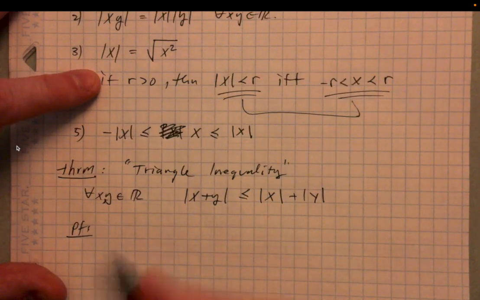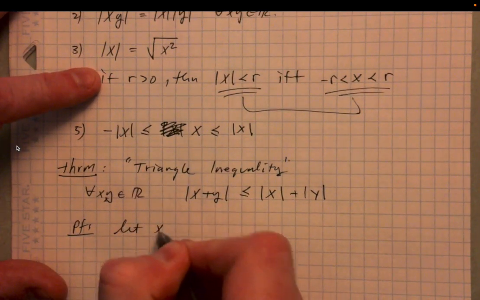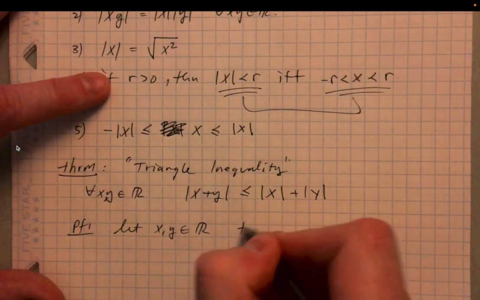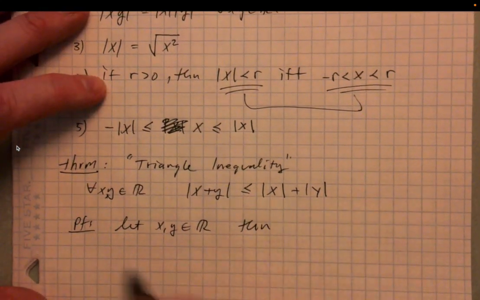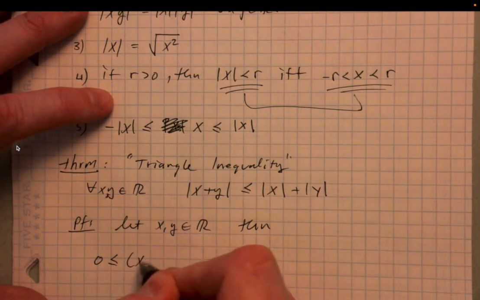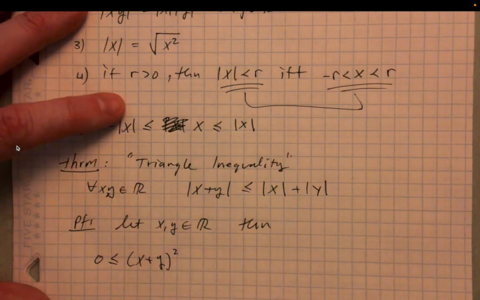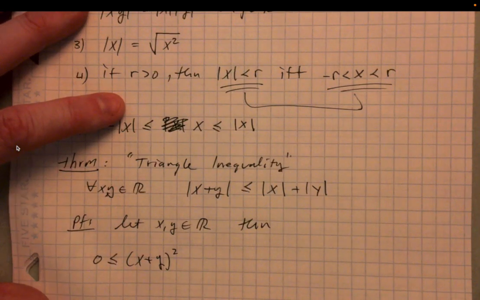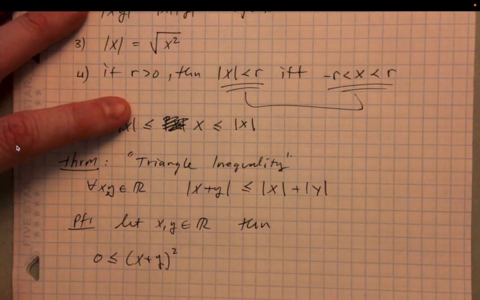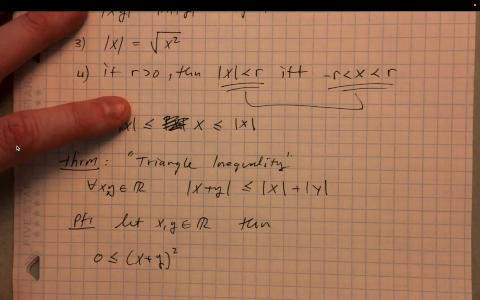Let x and y be real numbers. Then it's certainly true that 0 is less than or equal to (x plus y) squared. If they're both 0, then of course it equals 0, but if either of them is nonzero, then when I add them together and square it, I get something larger than 0.